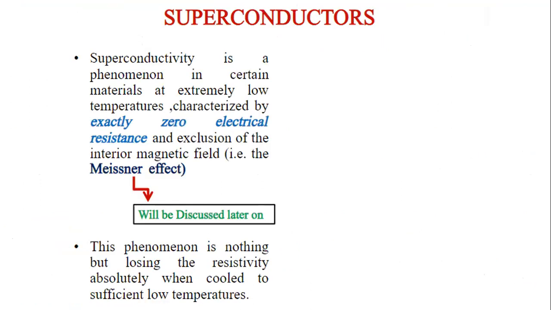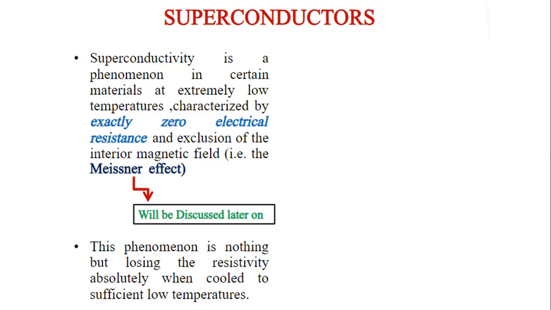Now, as you know, superconductivity is a phenomenon in which certain materials at extremely low temperature possess zero electrical resistance. This is very important: when I say superconductivity, conductivity is possible and is very high.